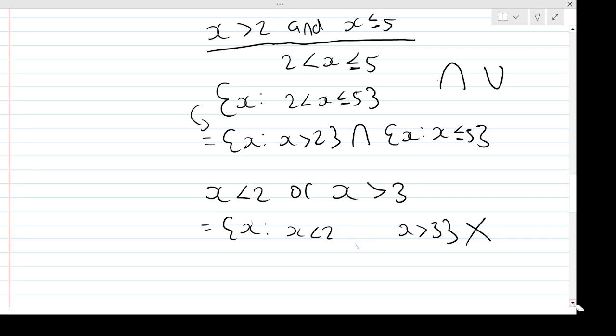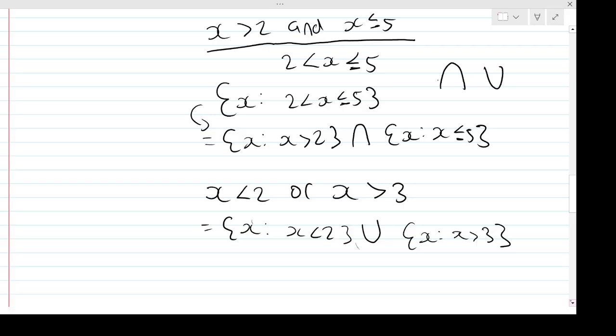So instead, we're going to say the set of values of x such that x less than 2, or, and then the or is outside, the other set of values of x such that x is greater than 3, okay? So that's how we would describe that in set notation. And remember, for or, we use this U shape, which means union, which means or, okay?